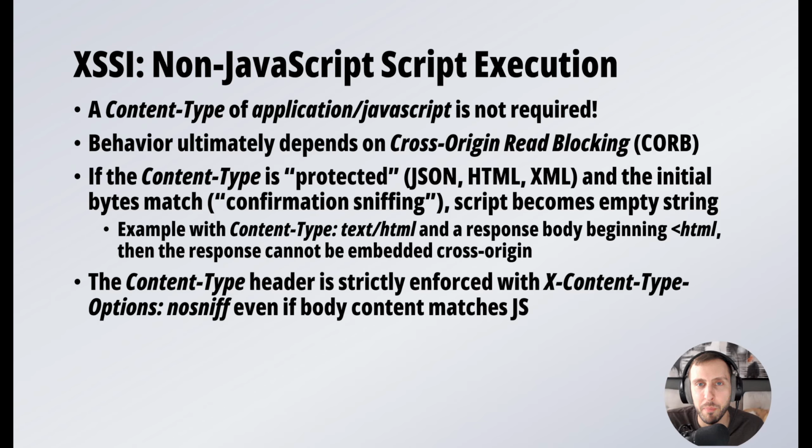We can also grant further protections against confirmation sniffing or content sniffing by adding the X-Content-Type-Options nosniff response header. This is kind of an old school header that pen testers have reported for the longest time. It works differently now than it used to, but it remains a best practice, presuming you're indicating the correct content type, which you should be.